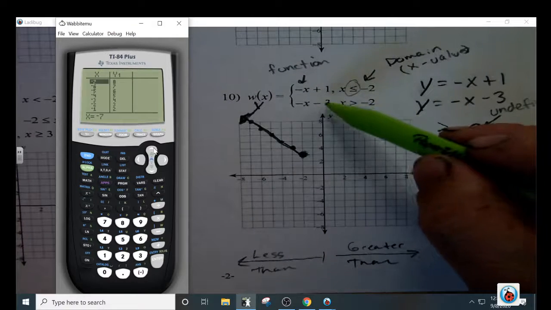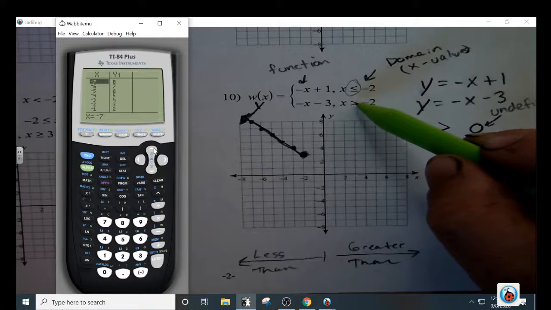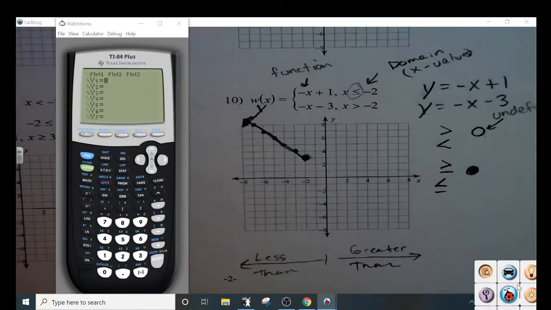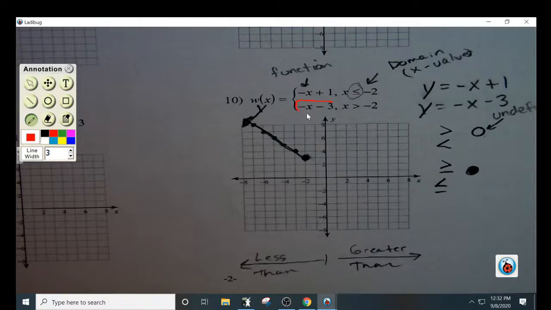Now, it says y is equal to negative x minus 3 when x values are greater than negative 2. All right, so what I'm going to do, go back to y equals, clear that out, and I'm going to put this in my calculator. We're going to put this right here in my calculator.